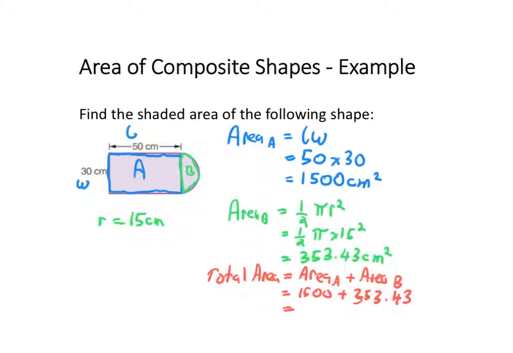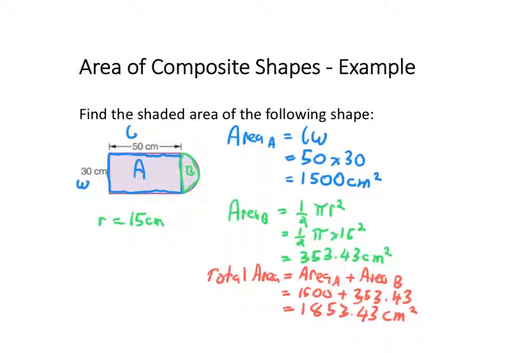So in total, adding them up gets me 1,853.43, putting in my unit of measurement, centimeters squared.